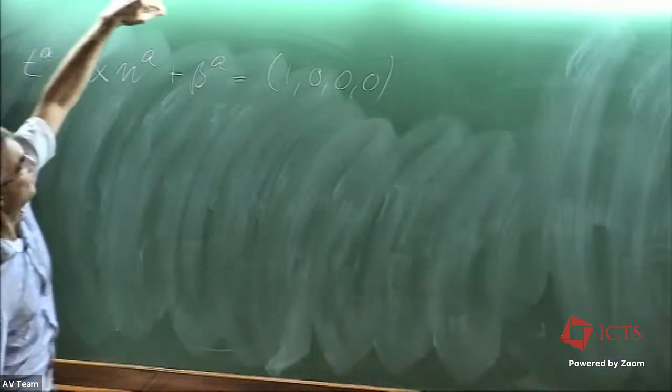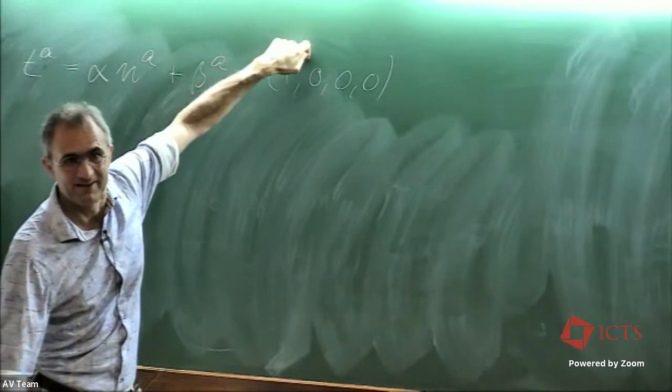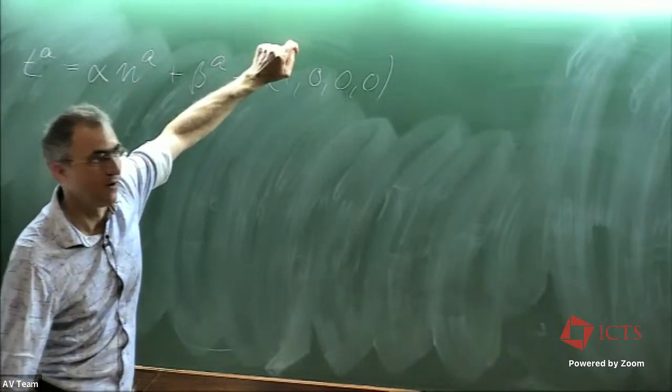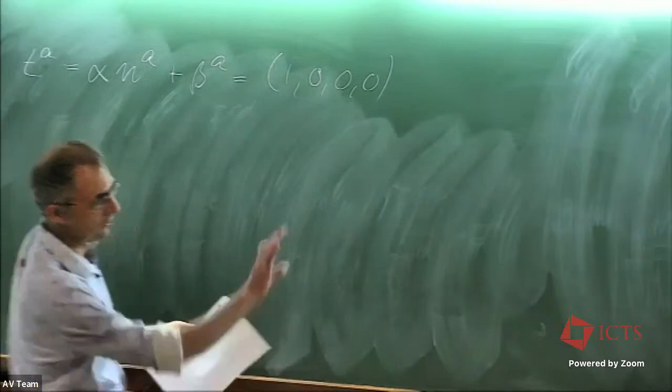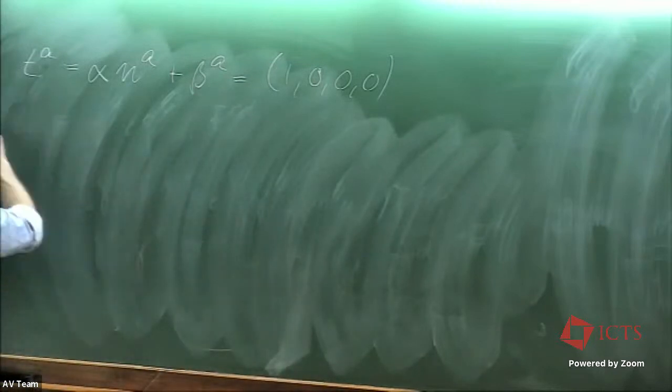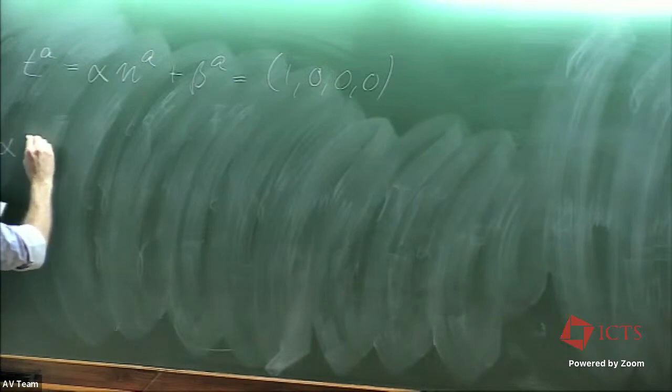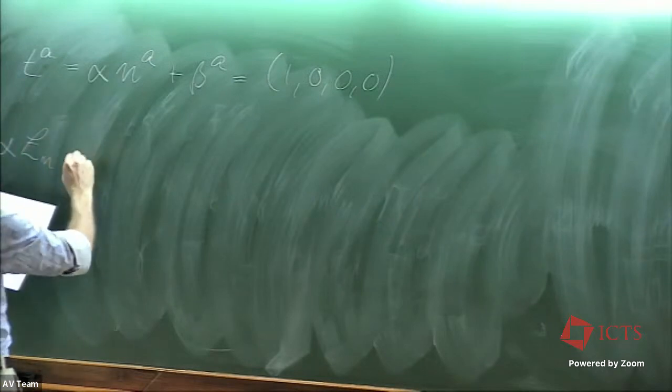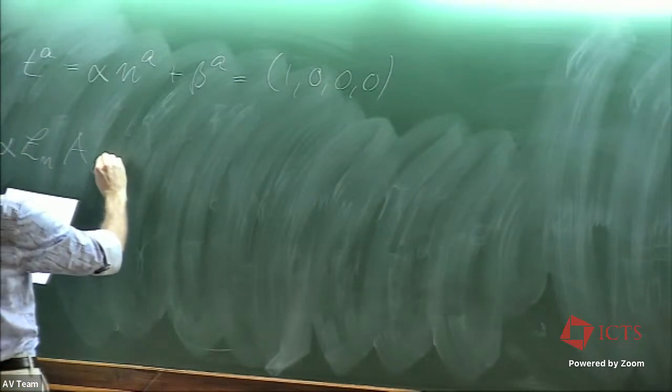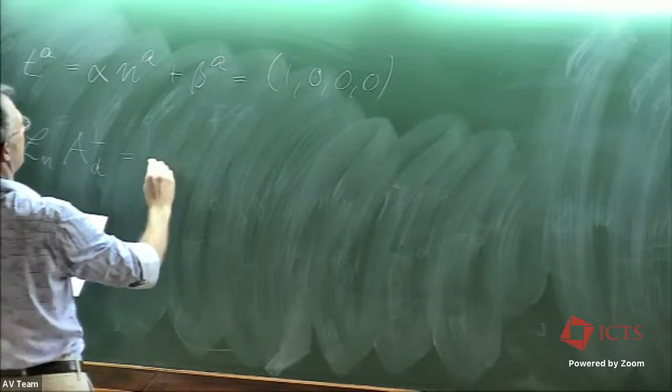And why is that nice? Because now this vector has only a component 1 here, and that means that many of those terms in the Lie derivative vanish. So let me write this down. I can write alpha times the Lie derivative along n of A_D perpendicular.